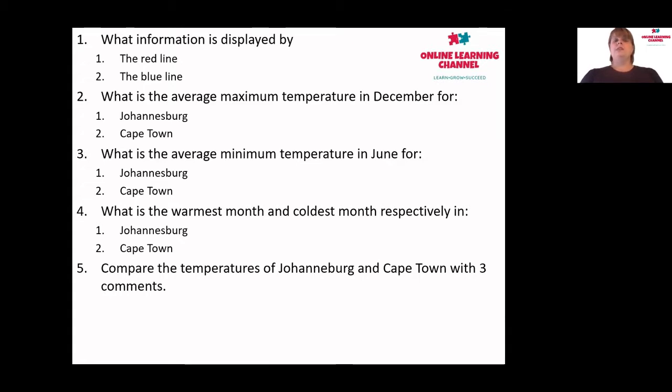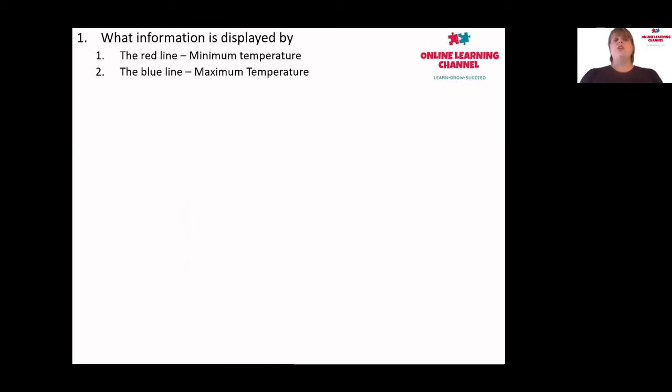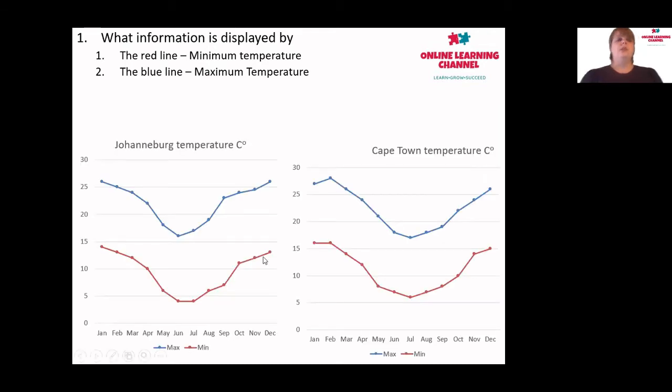Okay, so let's quickly look at question 1. Question 1 asks: what information is displayed by the red line and the blue line? Let's look at the red line. It goes below 15 degrees, so it's quite cold. In January it's 14 degrees and then it goes down.